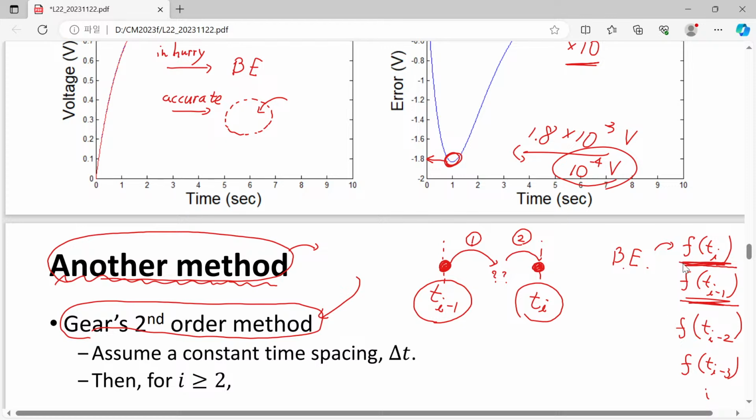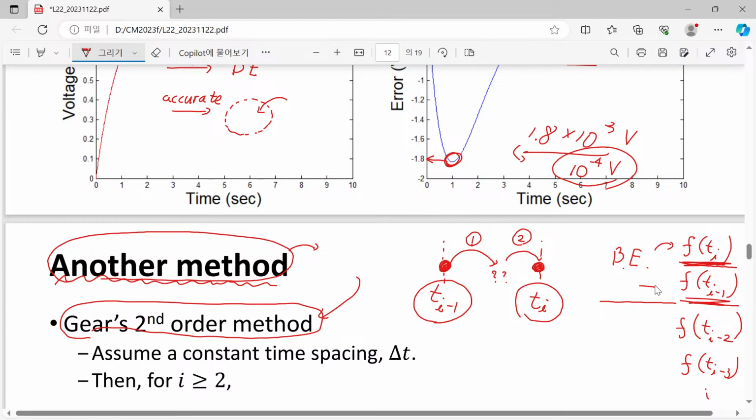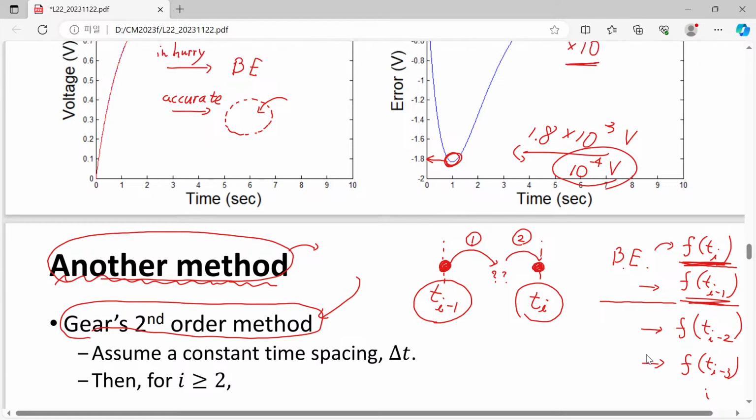This is a general consideration. So the limitation of backward Euler is that it is simple because we consider only the closest past time instance. However, if we consider more and more time instances, then our schemes get more complicated and get more accurate. So are you with me?